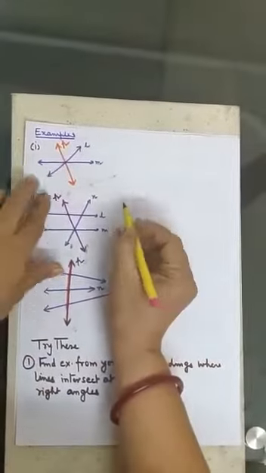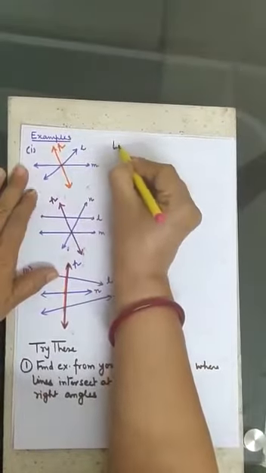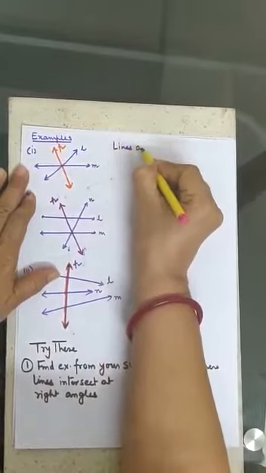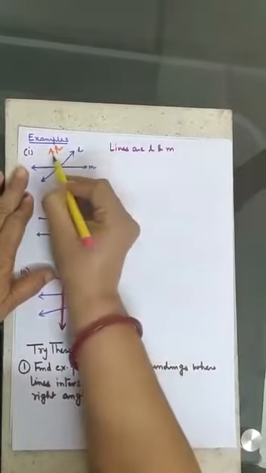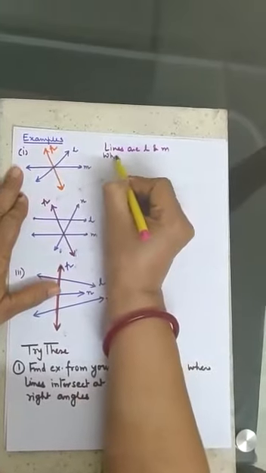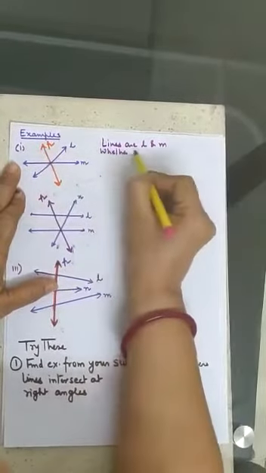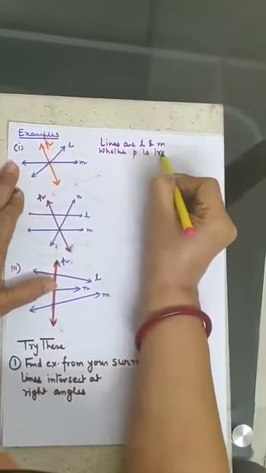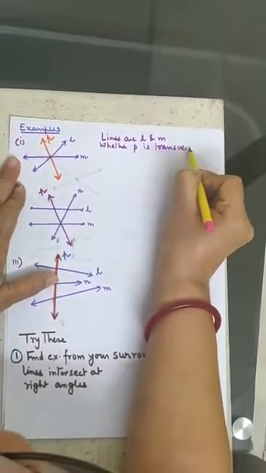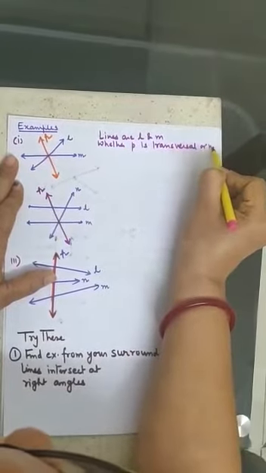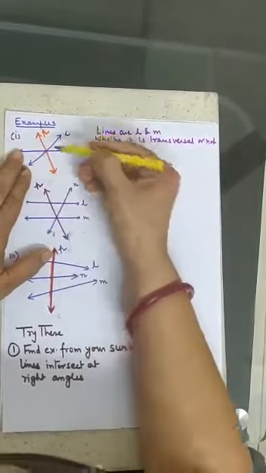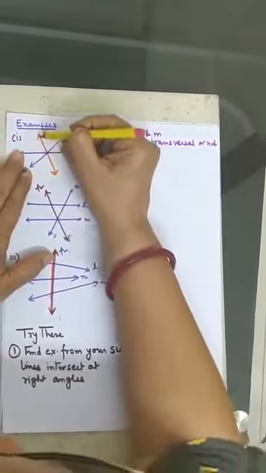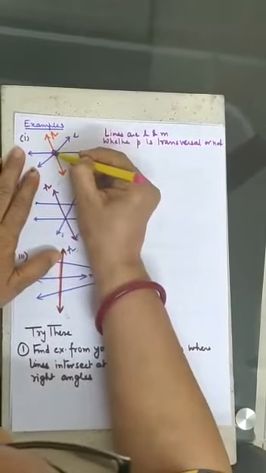See here. In this case we have lines L and M. We have to see whether P is transversal or not. Now see, line L and line M. This transversal P is intersecting these two lines at only one point.